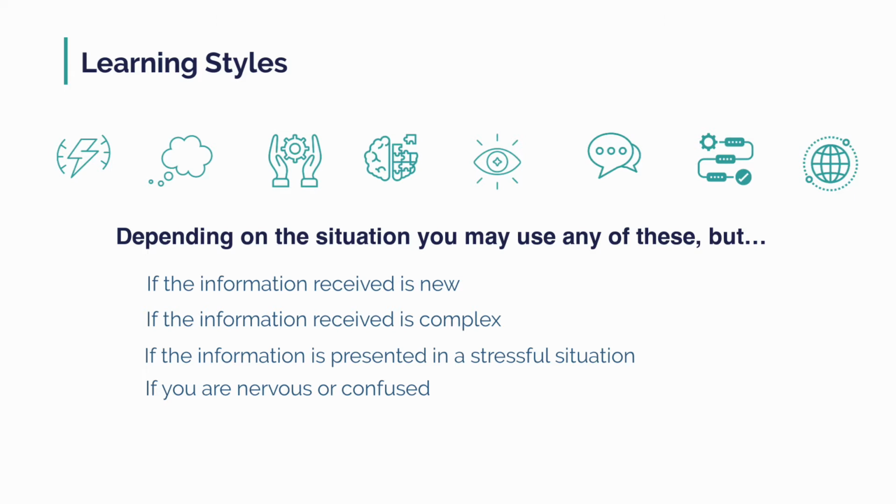Keep in mind that when you are working with your mentee, you may present them with new information. You may present them with information that may be complex, or it may seem complex because it's new. You may provide the information rather quickly because it's your area of expertise, and your mentee may be a bit nervous.